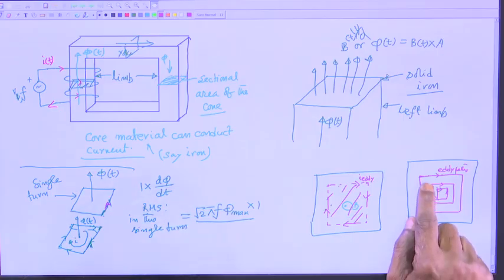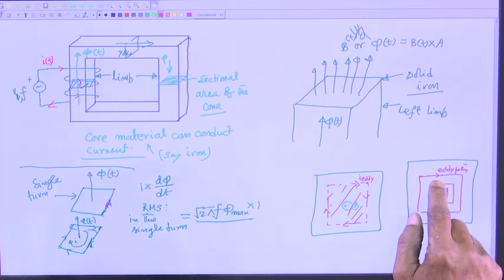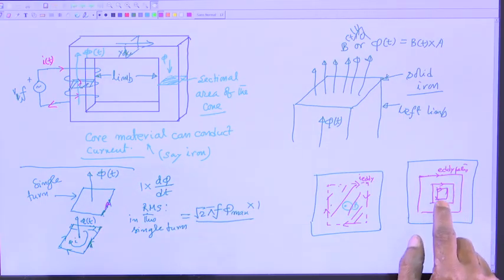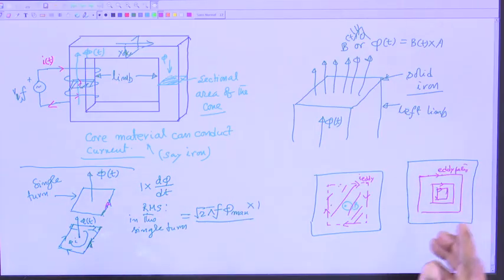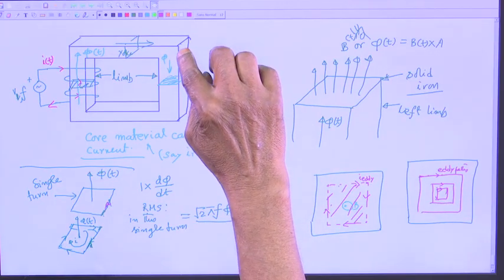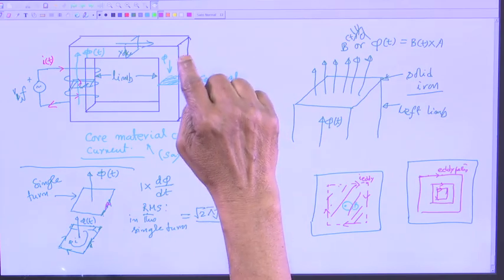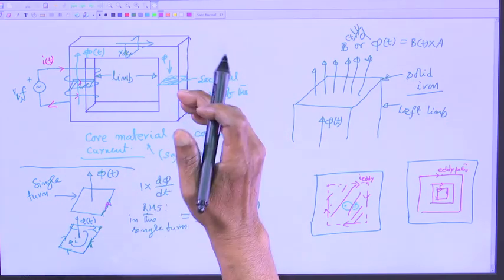And because of that, each of this loop current, I square into R of this path, I square into R of this path. So, if it is a solid piece of iron, you will find it has become hot if you touch it with your hand. Core material, if you touch, it will become hot.